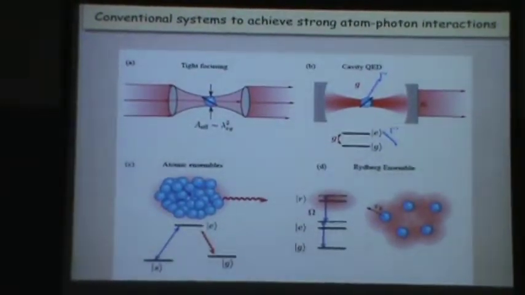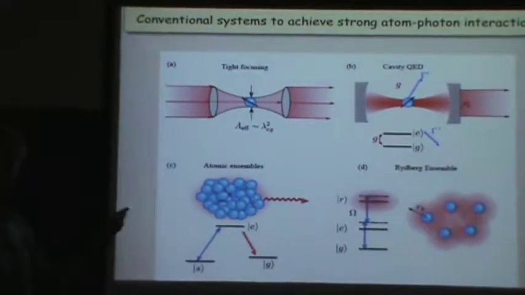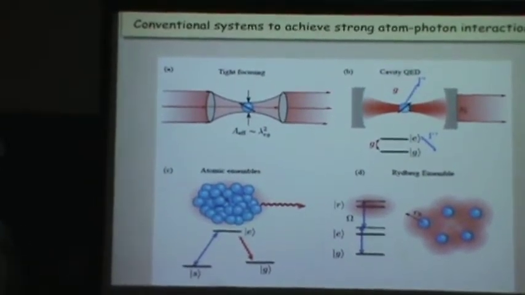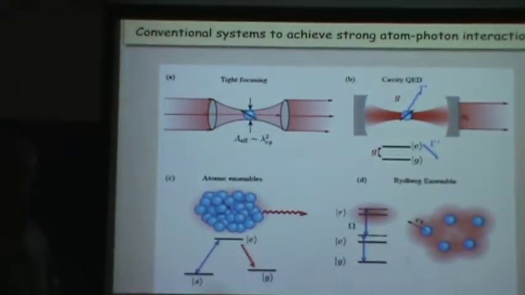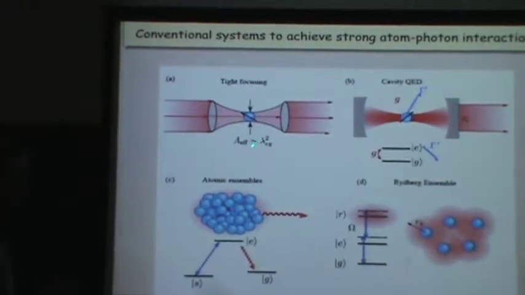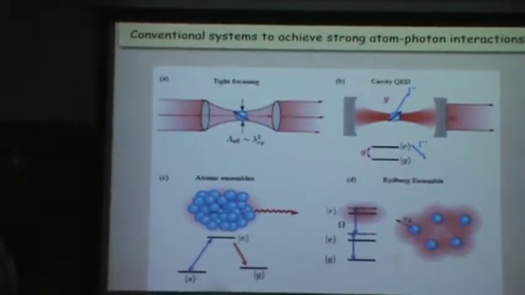So, let me begin by reminding you, this is all quantum optics, atoms and photons, and over the decades there have been traditional ways to achieve interesting phenomena associated with the way light and matter interact. We'd like to have this blue thing as one atom, and we'd like to have that one atom interact strongly with the photon.